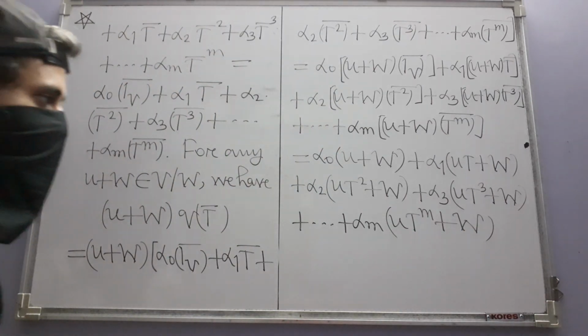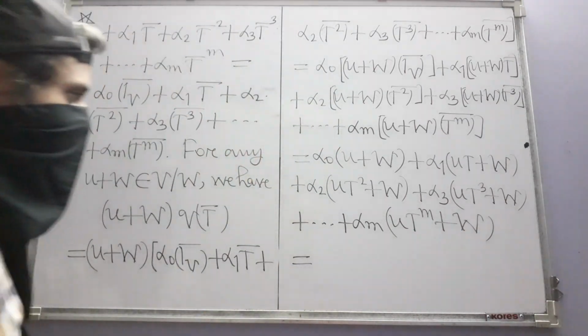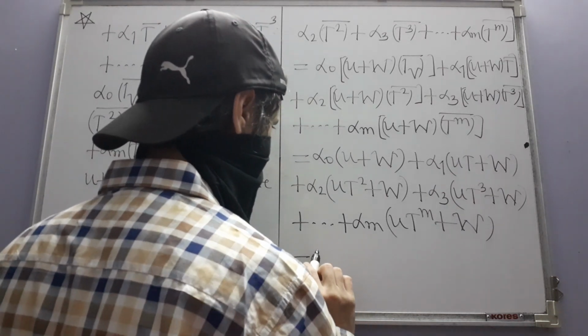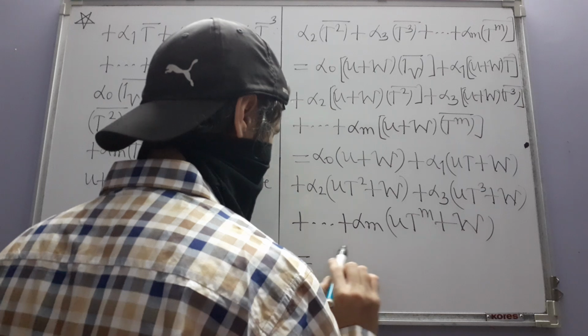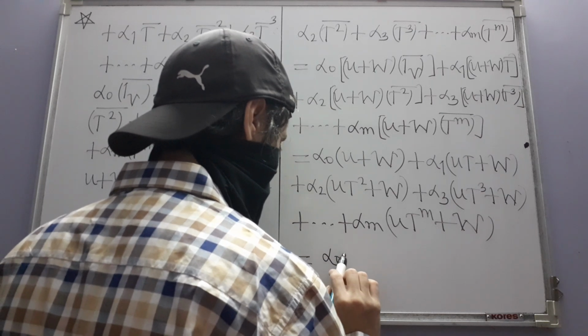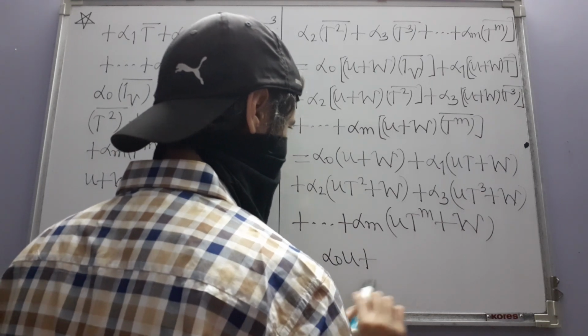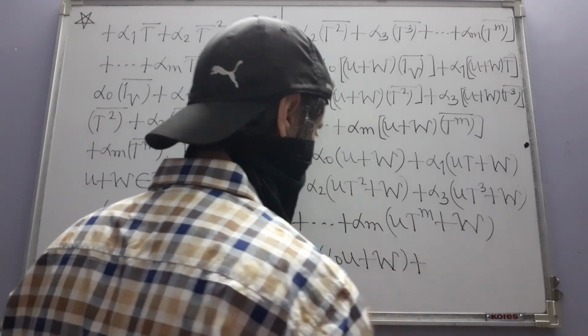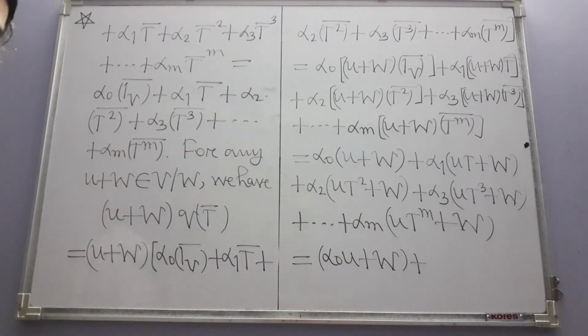Okay. Now, if in place of all these things, I write this. Let me just go slowly. First I write alpha naught u plus w. Does it make sense? Yes.